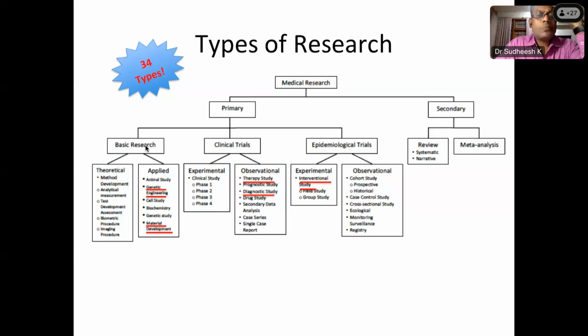The other one is observational clinical trial, where you can do a diagnostic study, you can do a therapy or prognostic study. And for us, most of the time, what we are bothered about is the therapeutic study or the diagnostic study, especially pertaining to anesthesiology. Then comes the epidemiological trials.